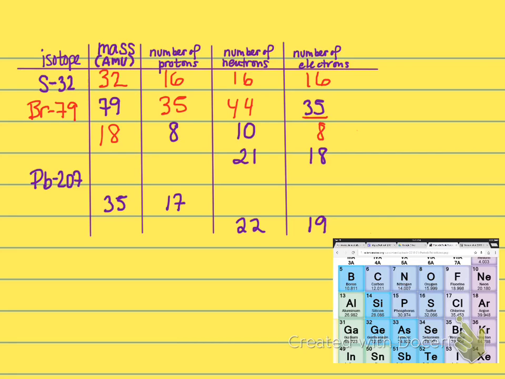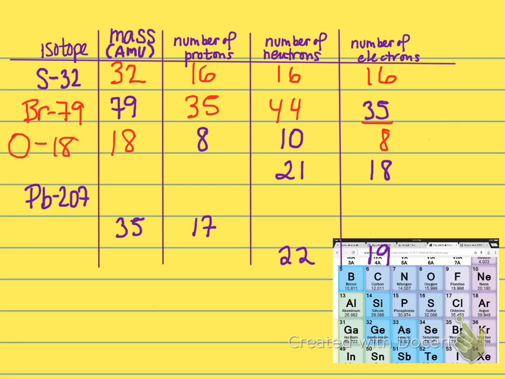Now, to find what isotope we're talking about, we have to go looking on the periodic table for something with atomic number 8. Aha! That would be oxygen. So here we're talking about an atom of O18, also known as oxygen 18, one of the less common isotopes of oxygen.